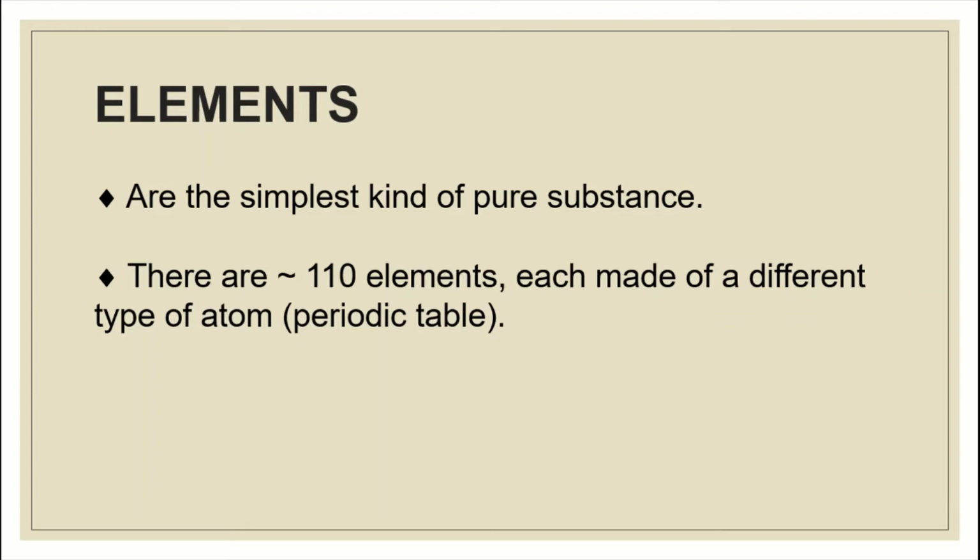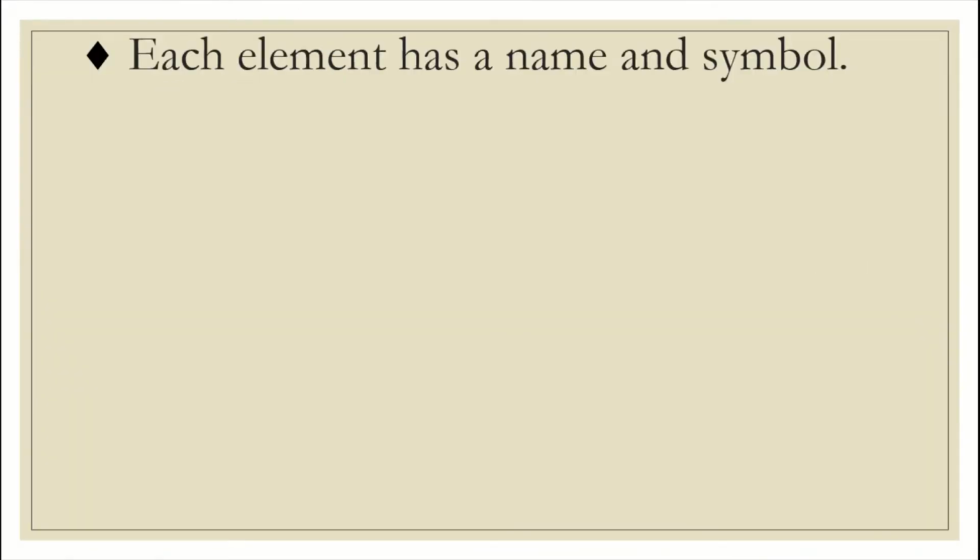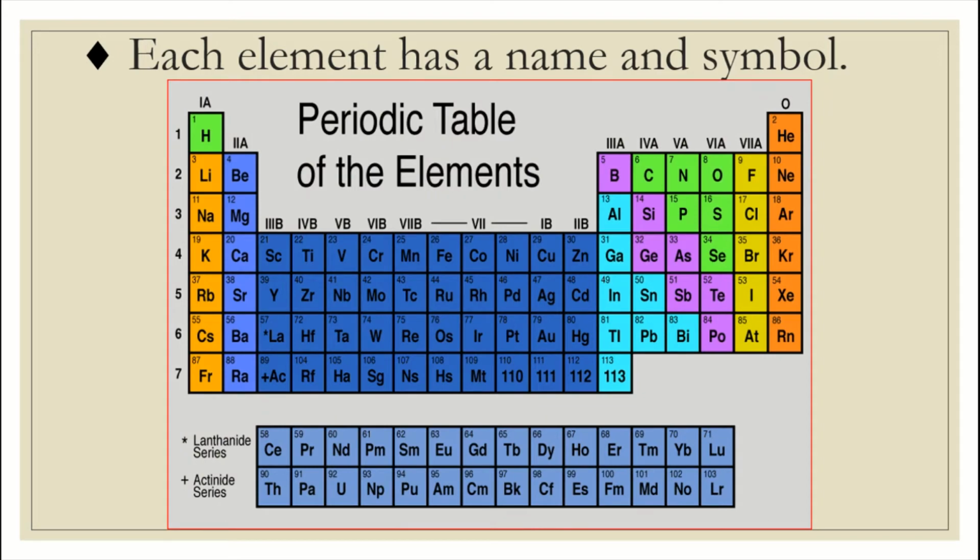There are 110 elements, each made of a different type of atom, in the periodic table. Each element in the periodic table has a name and its particular symbol. For example, this H here is hydrogen, Li, lithium, Be, beryllium, Na, sodium, Mg, manganese, calcium, strontium, barium, radium, cesium, rutherfordium, rubidium.